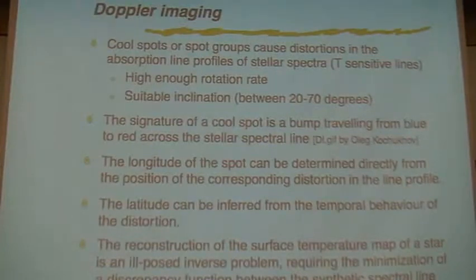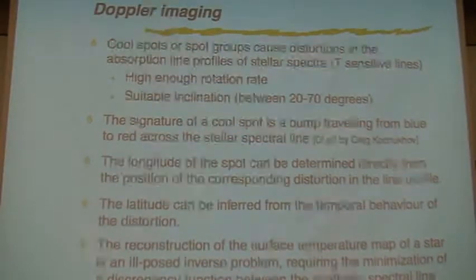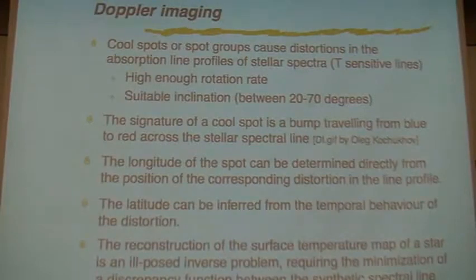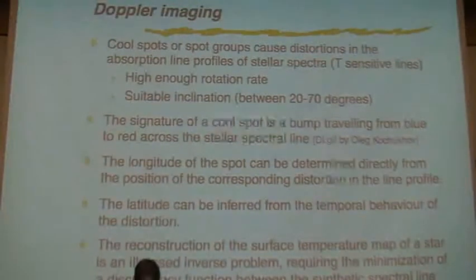You can have many solutions which reproduce your observation as well. So it's an ill-posed problem, and you have to minimize some discrepancy function, and you have to have a synthetic spectral line with which to compare your observations. But in principle, this is the process how you can do this.